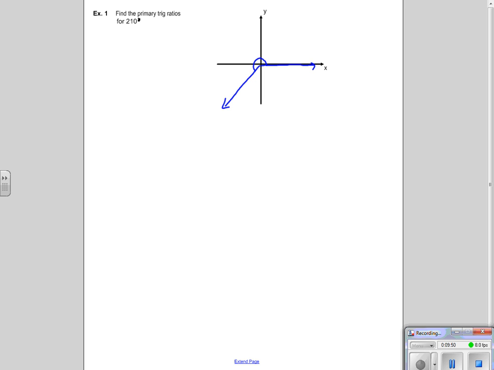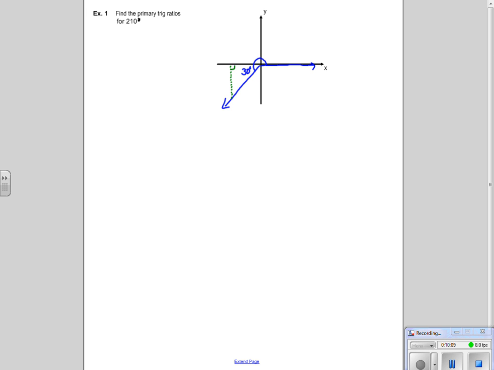I know that 180 degrees plus 30 degrees is 210 degrees. Well, I know lots of things about 30-degree triangles from our special angles. So I'm going to drop a triangle in there that I know lengths for.